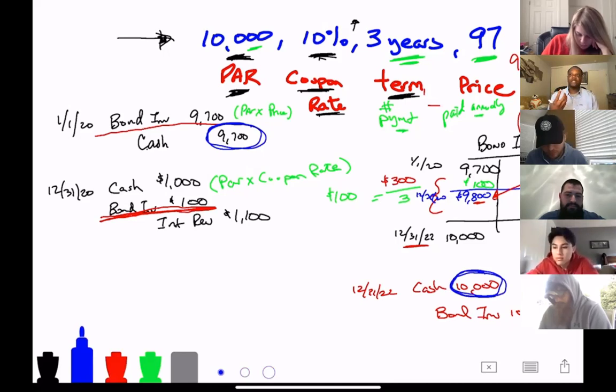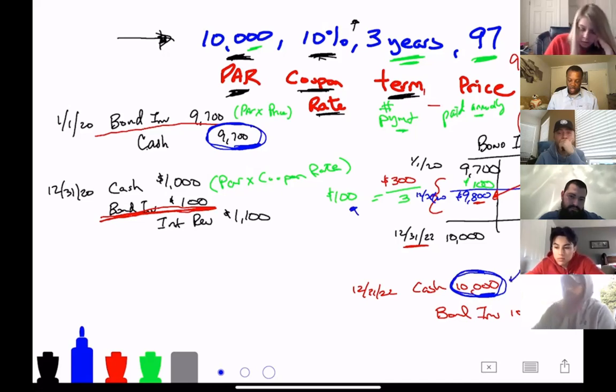So inherent or embedded in this investment is an additional $300, the difference between this 10,000 and what we paid for it. And we're following the accrual basis of accounting that says, as we're earning every year that we keep this investment, we're earning an additional $100 that we're not going to get paid until the end.